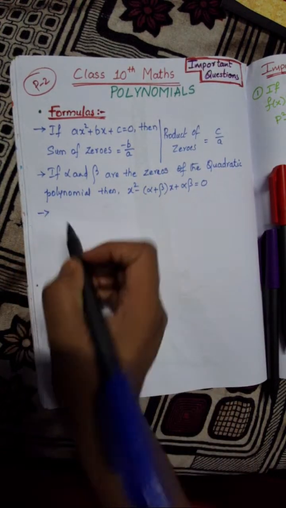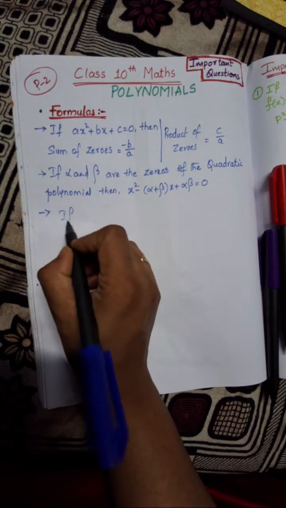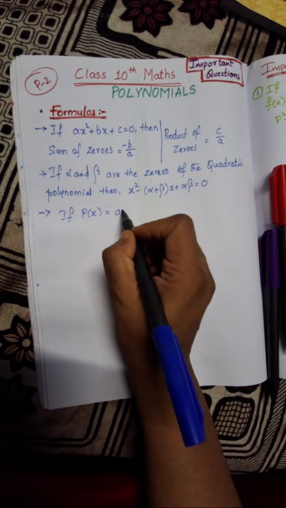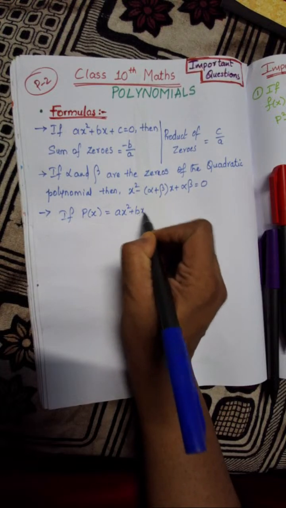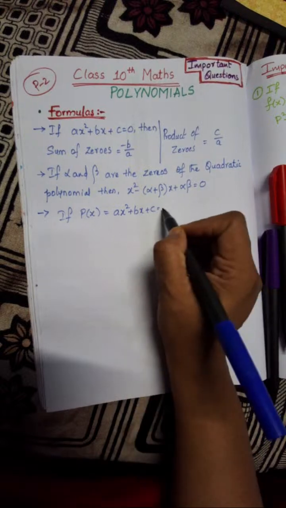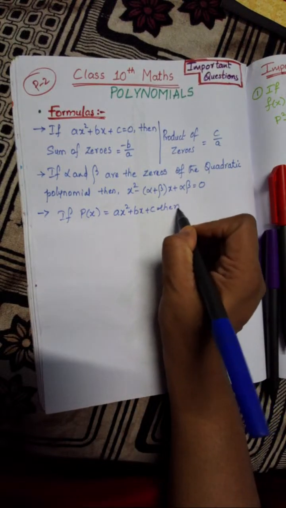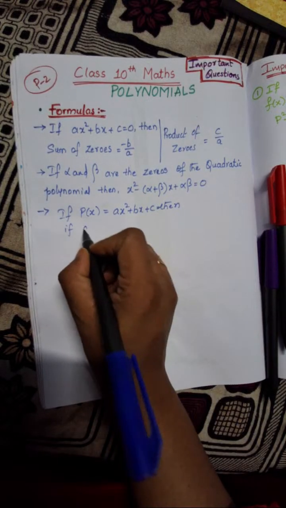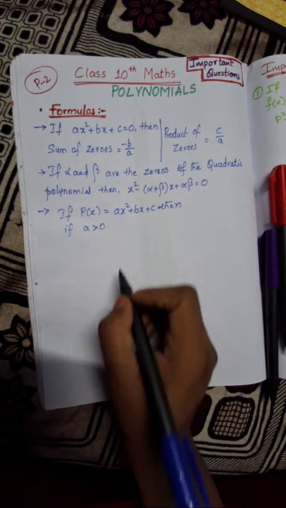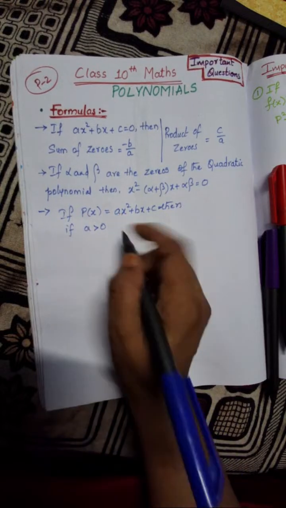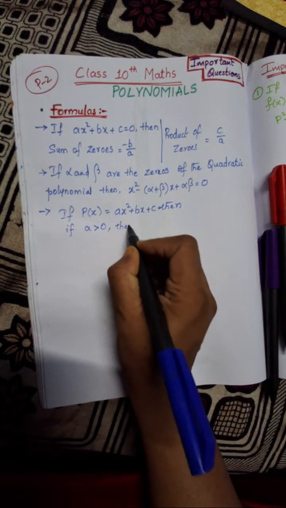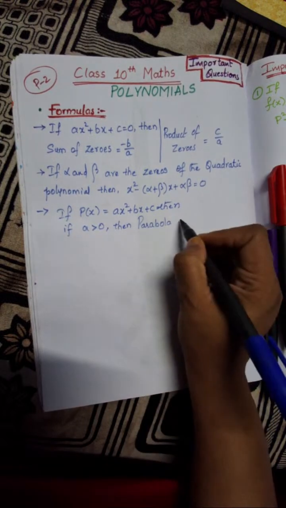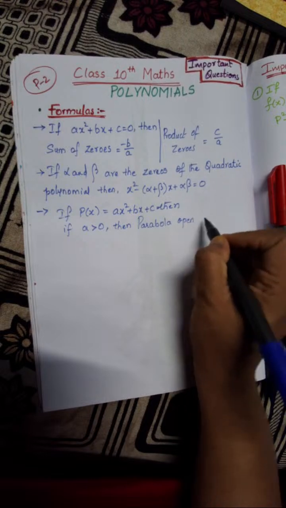Okay, next, this one is used in graphs. If p of x equal to ax square plus bx plus c is a quadratic polynomial, then if a is greater than 0, we get a parabola that opens upwards.